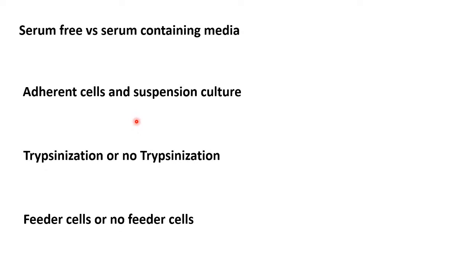It is a very interesting thing I'm going to introduce: all these definitions we can understand and remember permanently if we actually understand the cells. First, there are two types of cell culture media: serum free versus serum containing media.